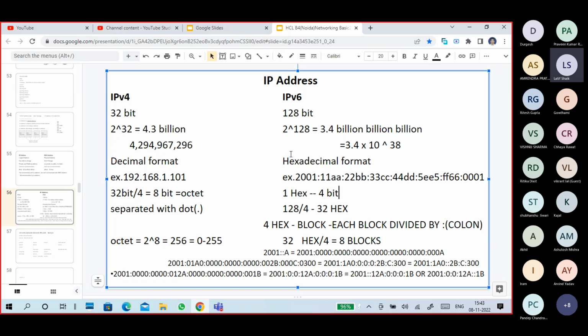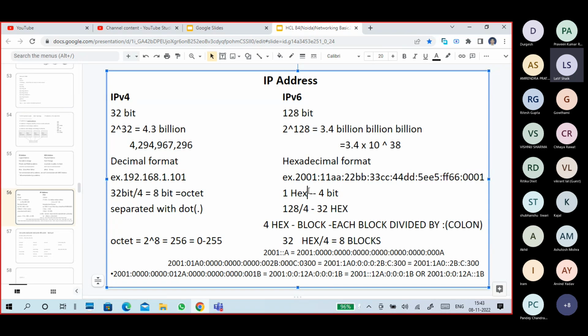Whereas IPv6 is in hexadecimal format, and you can see it is very lengthy. Why? Because it is 128-bit. One hexadecimal digit is represented by four binary bits.